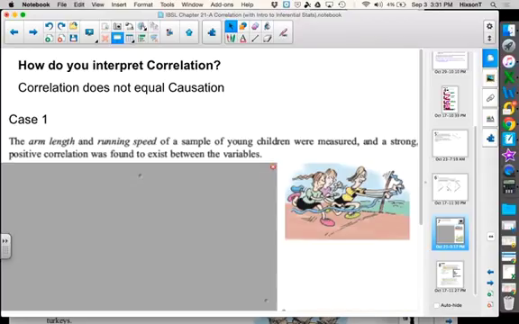Longer arm length could mean longer legs, and that means that they're gonna run a little faster, but it's gonna be a really small value, a very weak correlation, but there ought to be some correlation if your sample size is large enough. Okay. Well, here they actually did get a strong correlation. Okay. We're talking about young children.